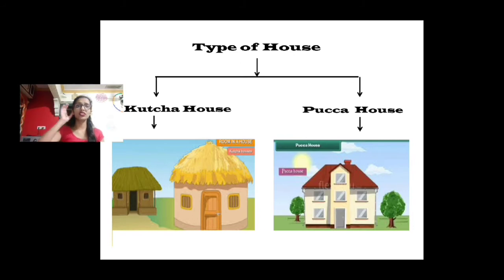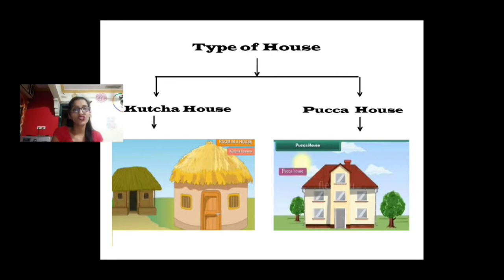Now before starting with some other topics, I would like to explain types of houses. We have studied the types of rooms in a single house. Now I'll tell you types of houses. There are two types of houses, Kacha house and Pakka house. Before that, first tell me what is a house?